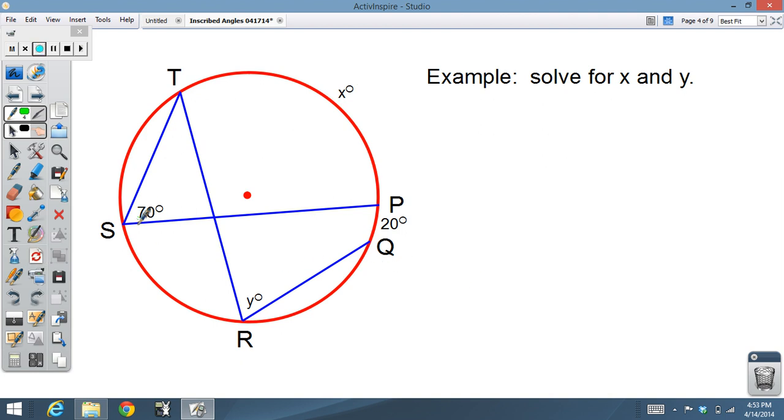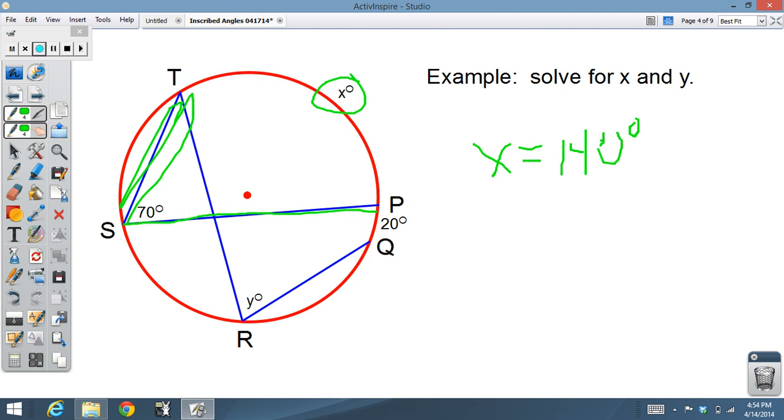Well, first thing I see is that angle S is the inscribed angle that intercepts the arc that gives us the answer that they want for X. So if angle S is 70, X must be twice as much, 140 degrees. Makes sense? The inscribed angle is 1/2 the measure of its intercepted arc. X is 140.